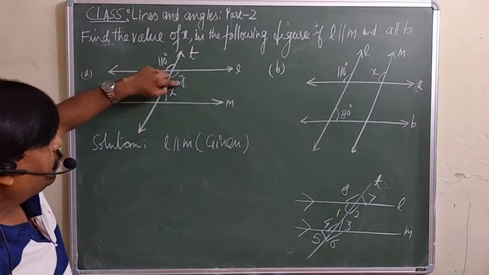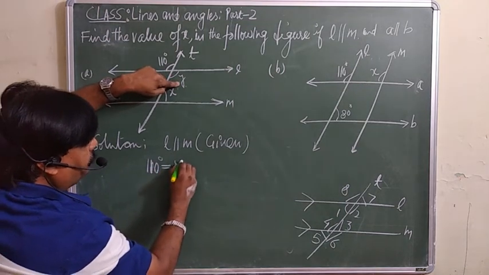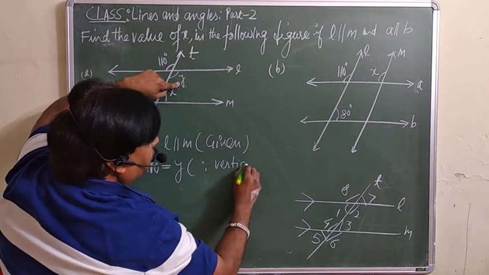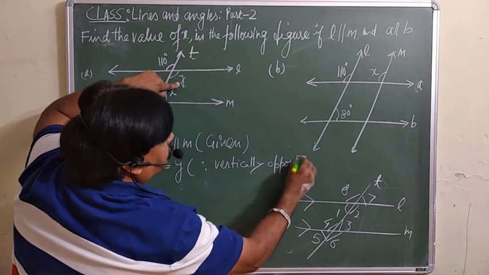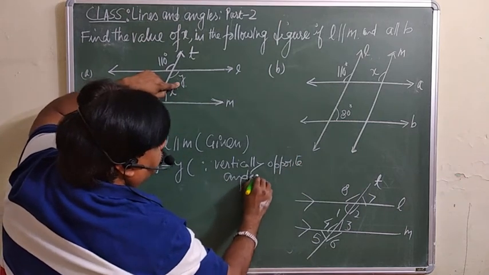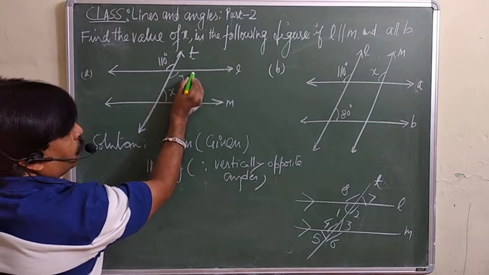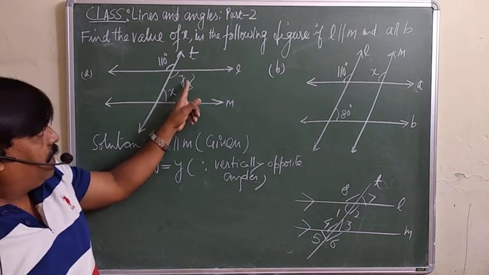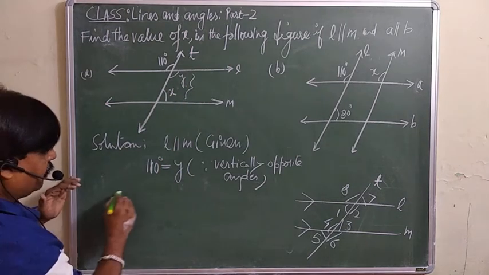But this 110 will be equal to y, by the reason of vertically opposite angles. And because this is parallel to this one, the sum of these two angles, angle y plus x, will be equal to 180.